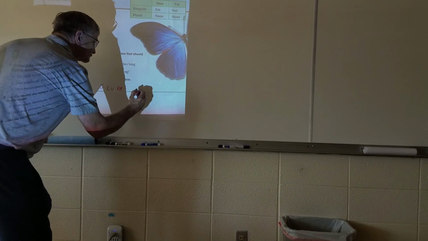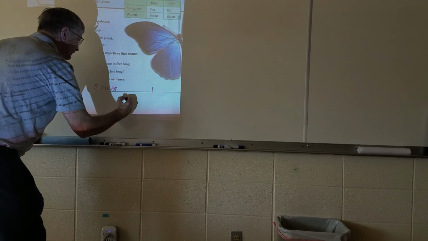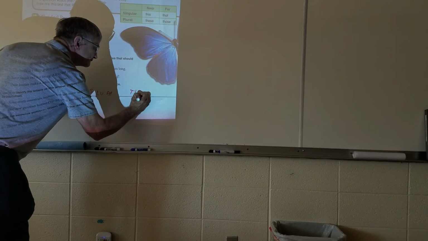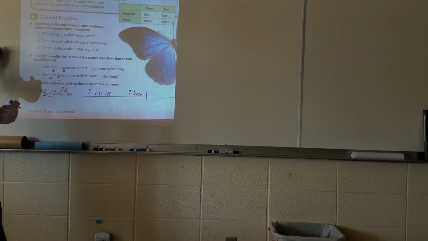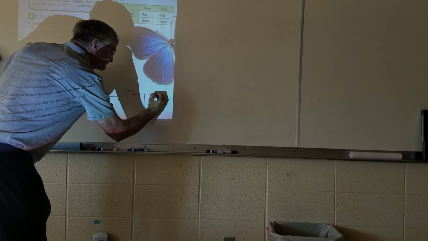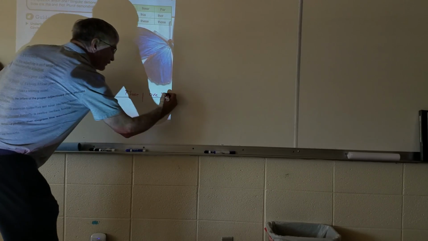For the diagram, we'll use the other half of this line. We have the subject, which is those, and then the linking verb, which is are. And then the slanted line for the predicate adjective, beautiful.